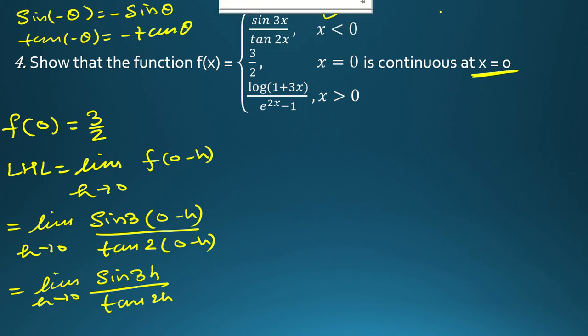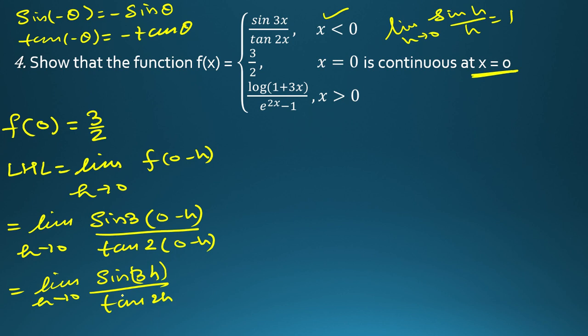Okay. Now again I am going to use the same formula. See, sine h upon h is equal to 1 when limit h tends to 0. So here, what is the angle with sine? It is 3h. Yes, so in the denominator you should have 3h, and the same formula goes with tan also, or if you want, you can convert tan into sine and cos. So what you are going to get here is limit h tends to 0 of sine 3h upon 3h.